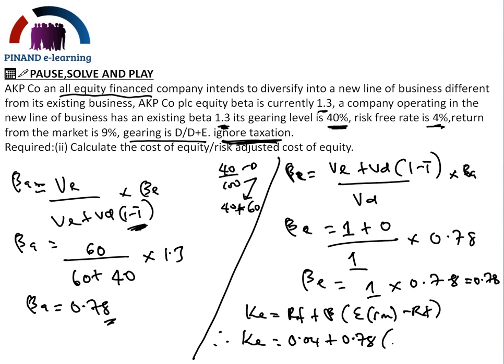No. I think they gave us the return from the market as 9%. That will be 0.09 minus the risk-free rate, which is 0.04. If we solve this mathematically, KE will be equal to 7.9%. That's your cost of equity.